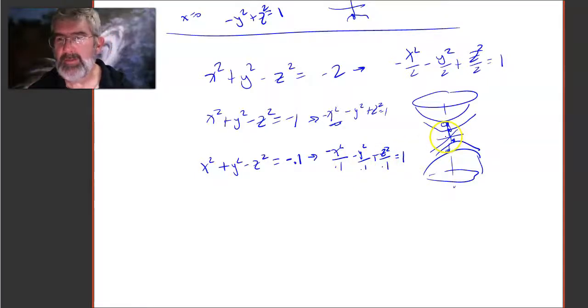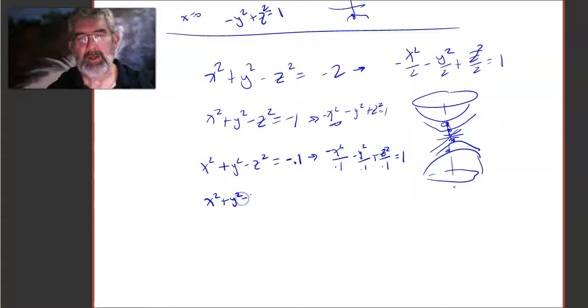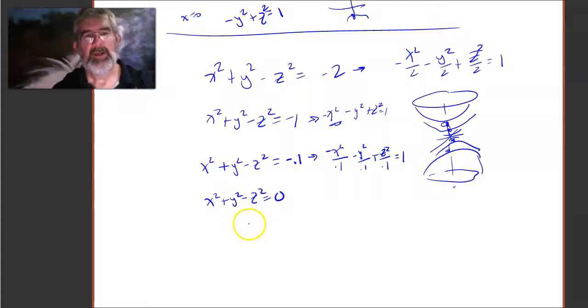And now these are really close together until you get to the point where you're plugging a 0 in. x squared plus y squared minus z squared equals 0. I can't divide both sides by 0 to turn it into the form that I like with a 1 right here. This is, in fact, a cone, and we'll talk a little more about cones in the next video.